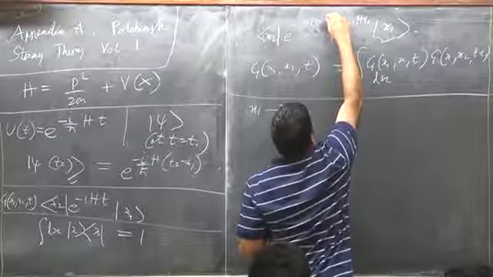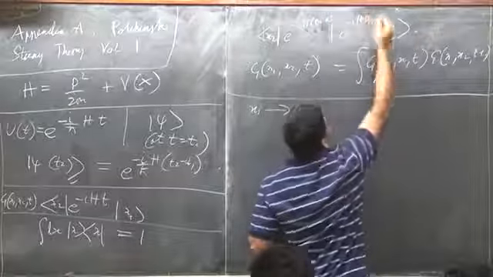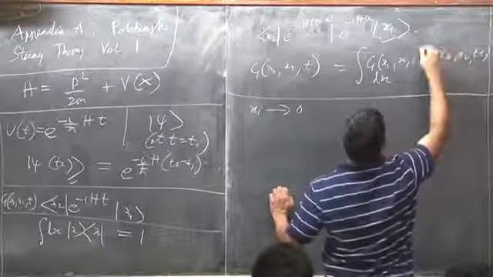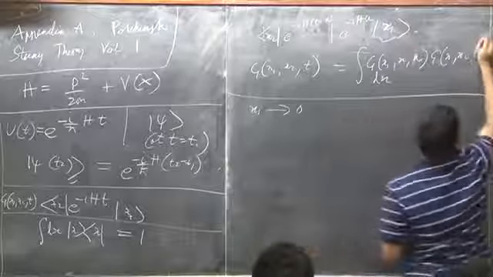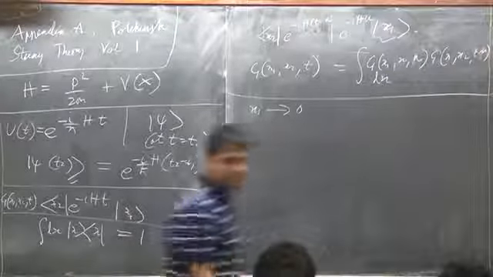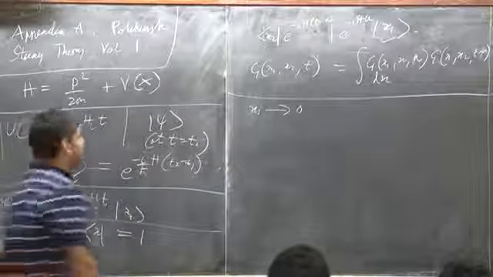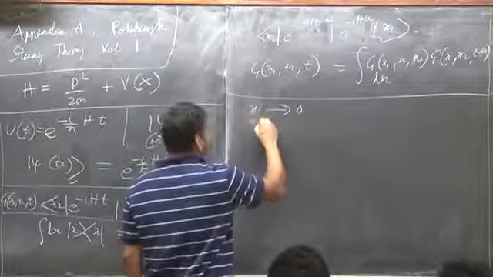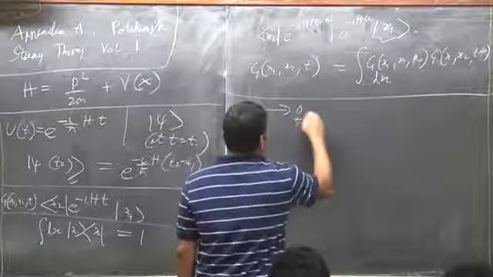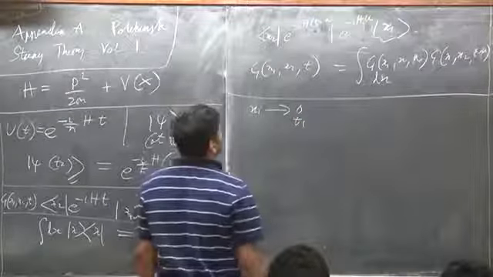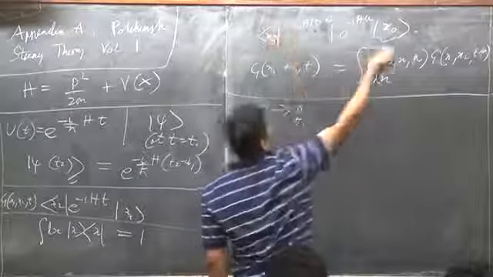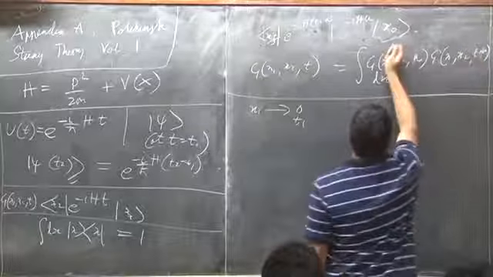Let me call it U. Let's call the first time step T1, and let me also put this X initial and X final.